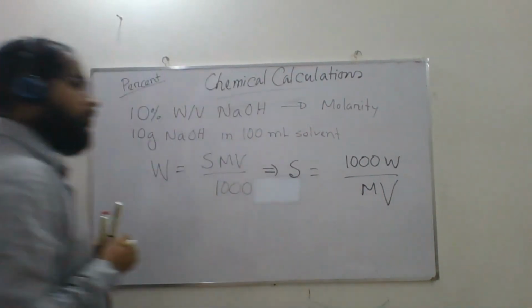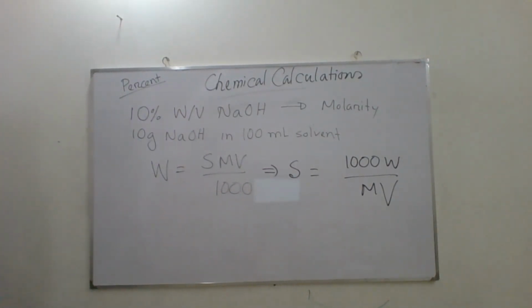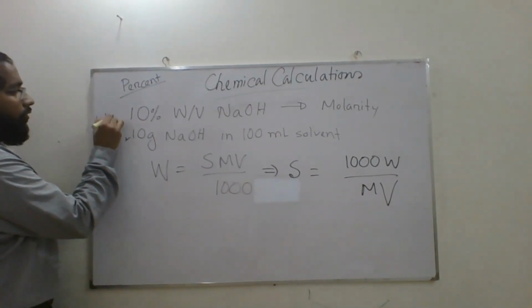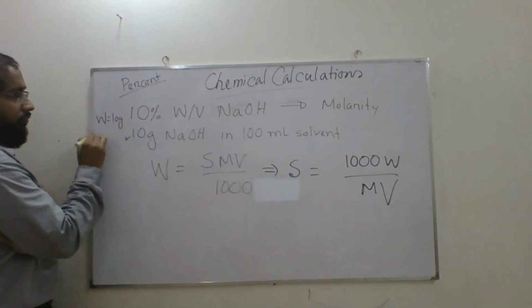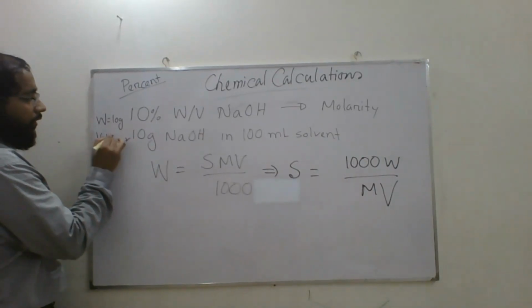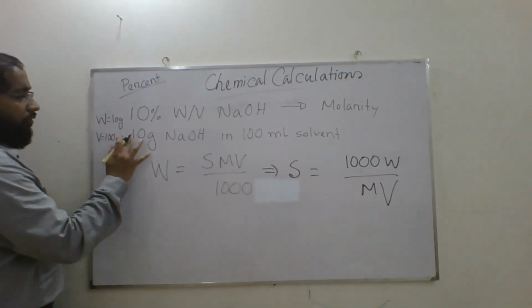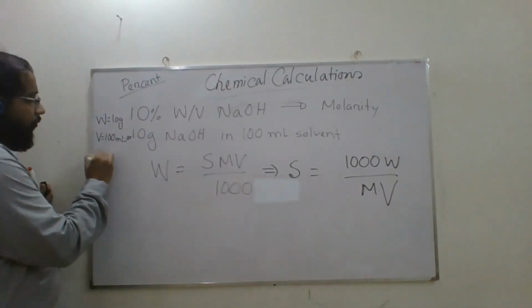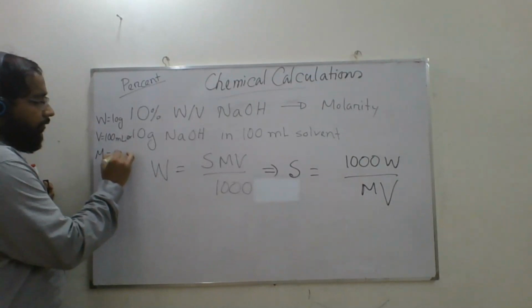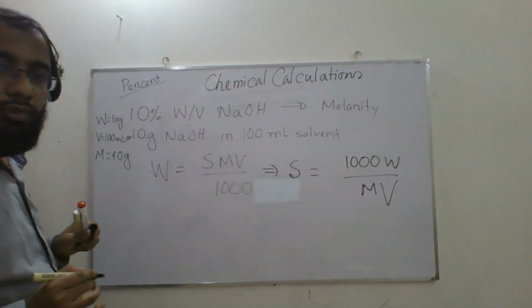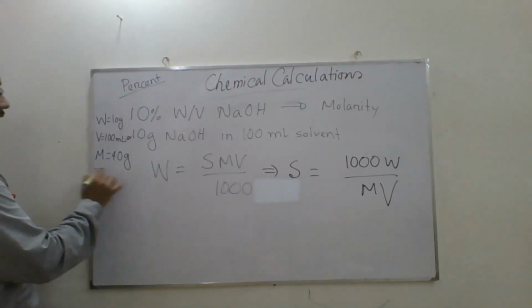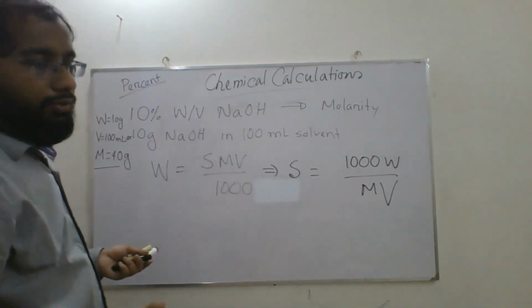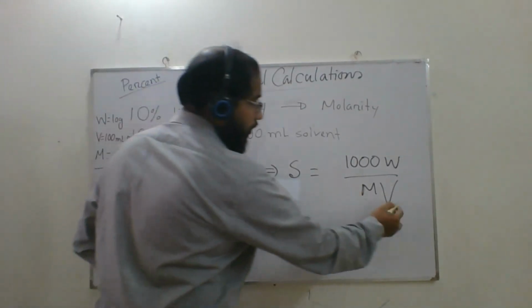Now what you have here, W equal to 10 gram, V equal to 100 ml, and M, we all know for sodium hydroxide, is 40 gram. Now we have these three, and it is easy to find out this one.